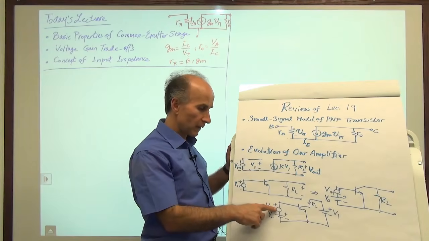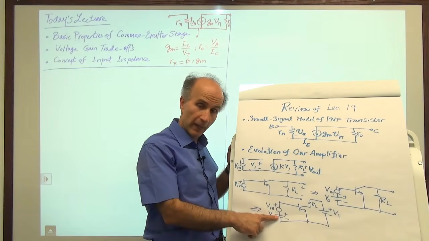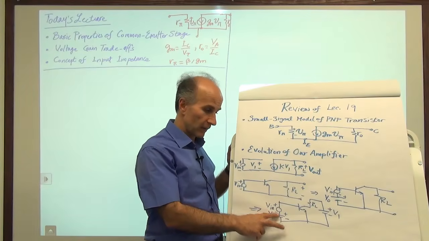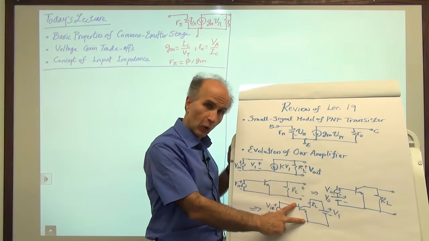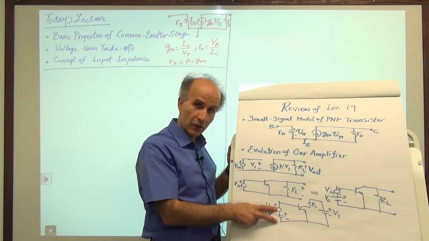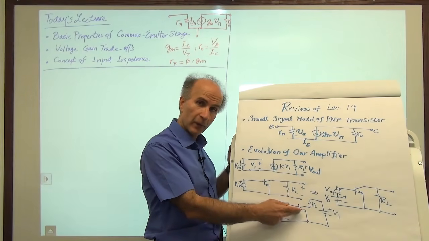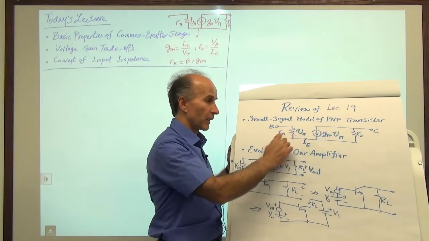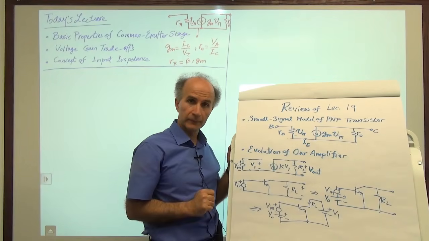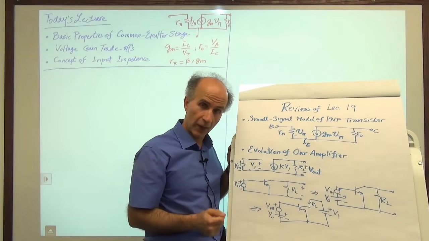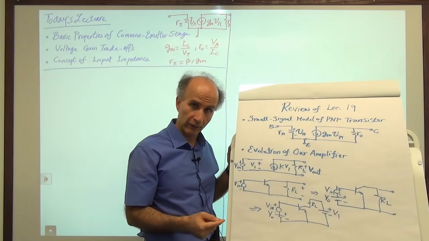Then we placed the microphone signal in series with a battery and applied the result to the base-emitter, hoping that the battery would establish a certain bias current to give this device proper values for g_m, r_pi, and r_o, because these all depend upon I_C, the collector current.